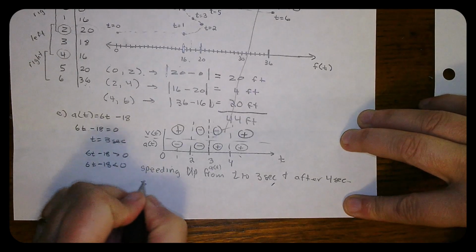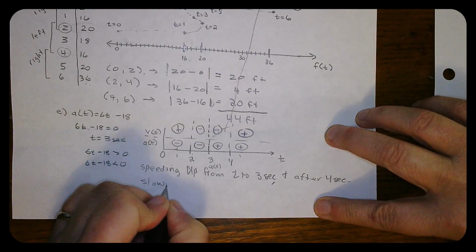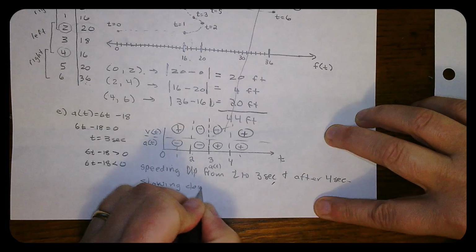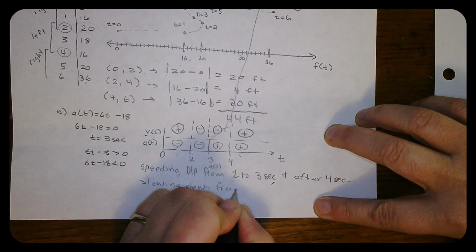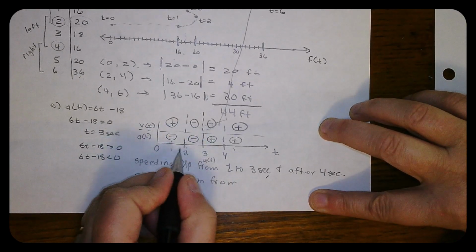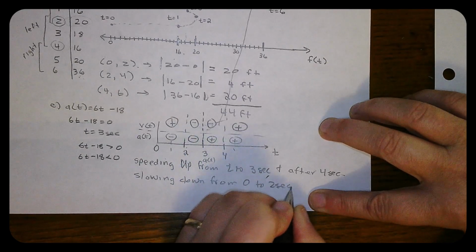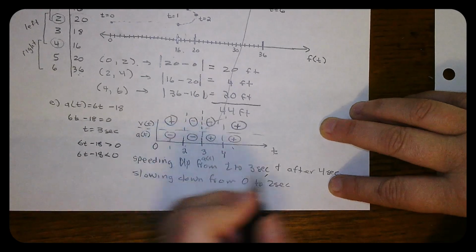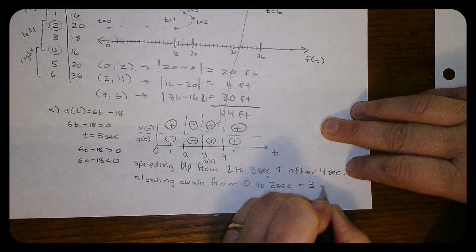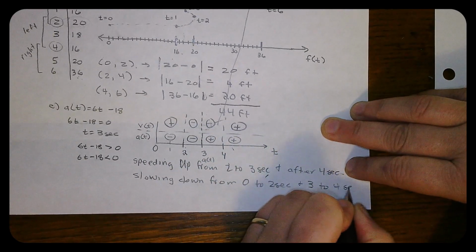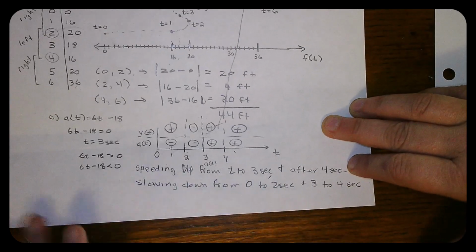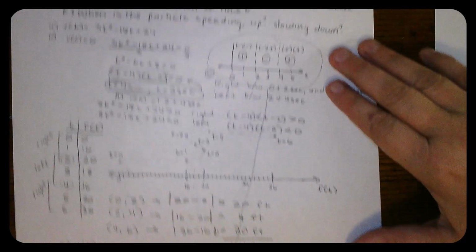And then it's slowing down or decelerating when the signs are different, from 0 to 2 seconds. The signs are different. Where else are they different? And then 3 to 4. It's slowing down.